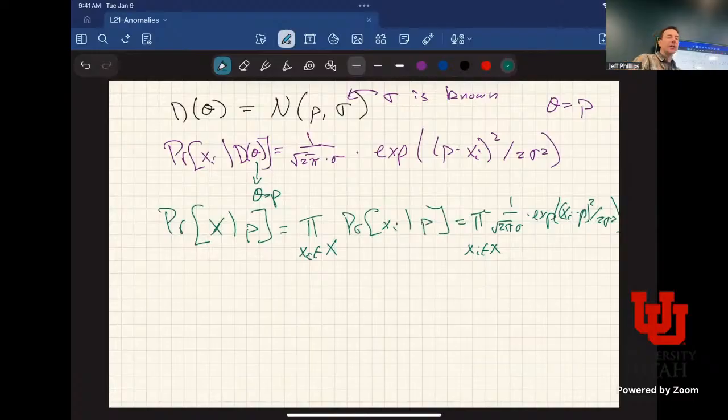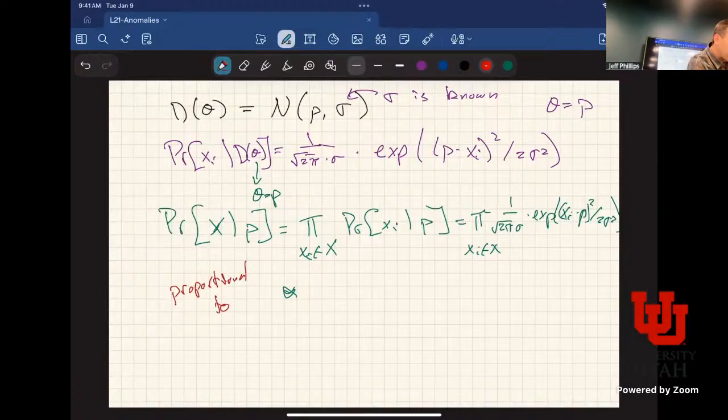When we write down a likelihood, we often say we don't care about certain factors, and we'll say that this is proportional to this term.